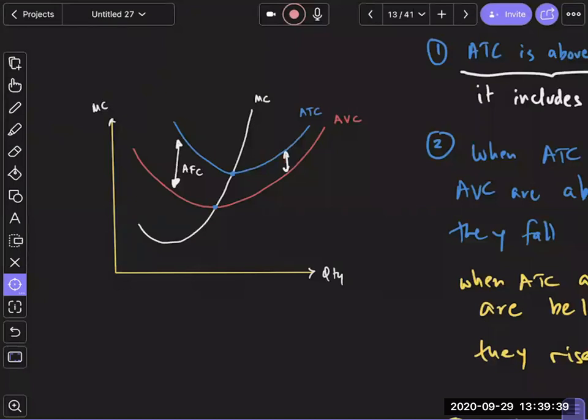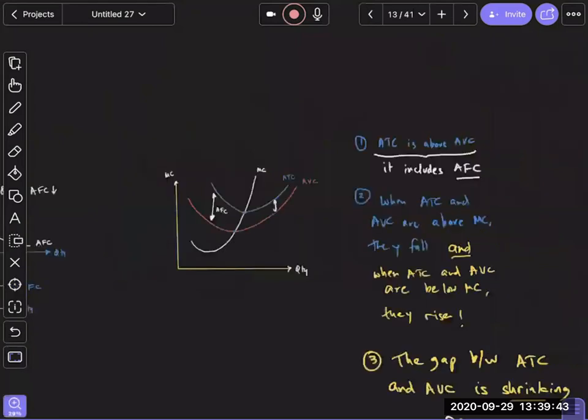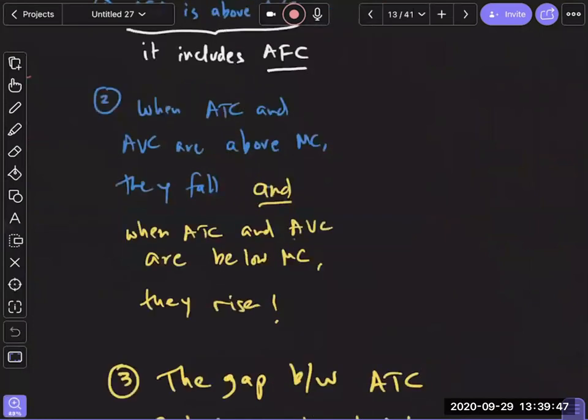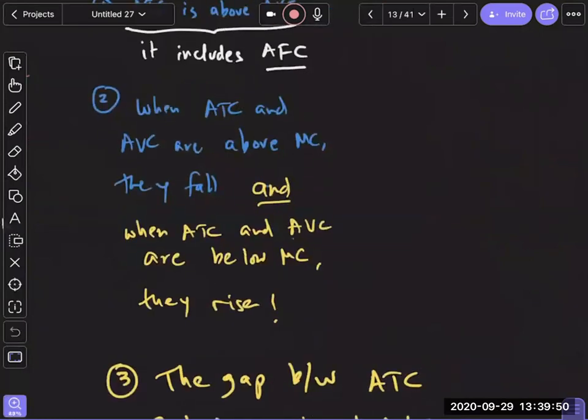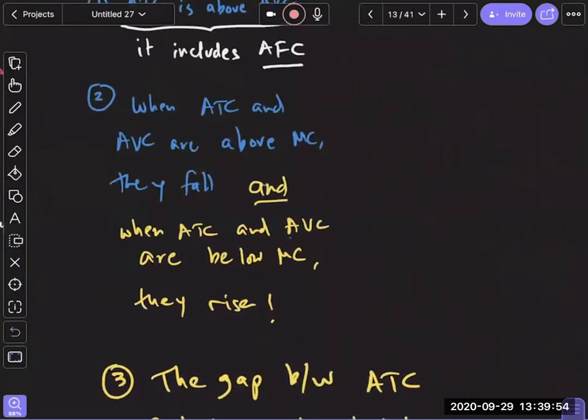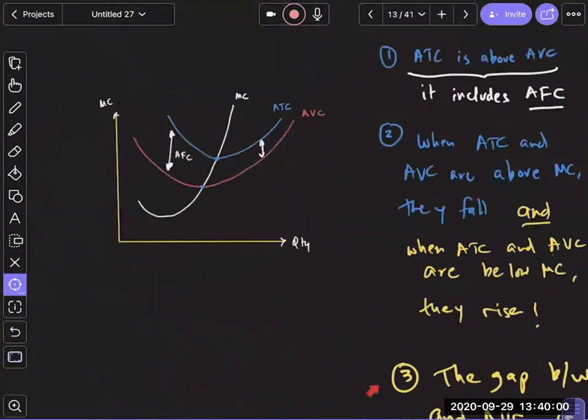Number one. Number two is, let's talk about this point. When ATC is above AVC, or in other words, when MC is below AVC, AVC is falling. Why is it that when MC is below AVC, AVC falls?